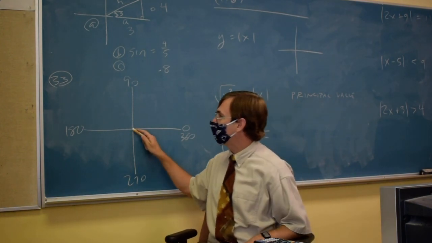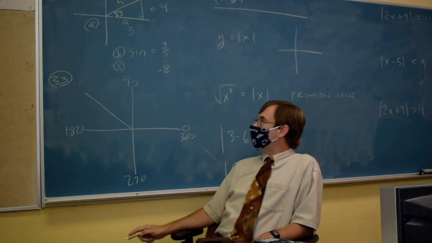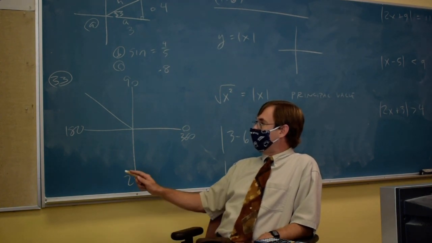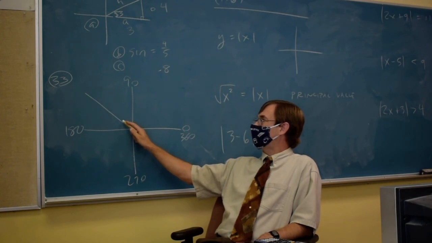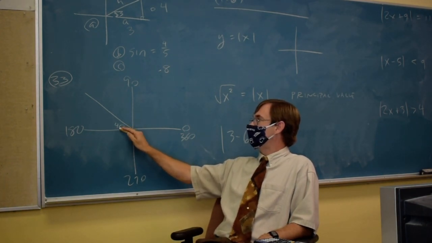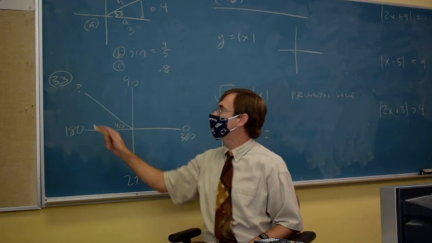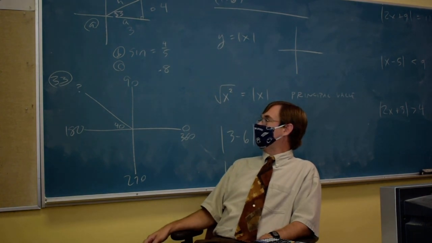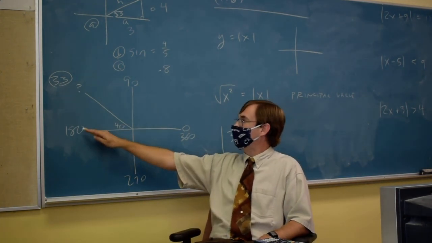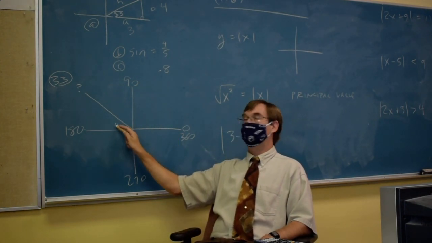We'd be somewhere like this. The 40 is the reference angle. Where do reference angles always live? By the x-axis. So here lives a 40. How could you use basic math to figure out what best number that is somewhere between 90 and 180? 180 minus 40.